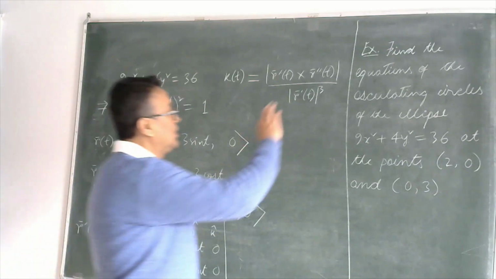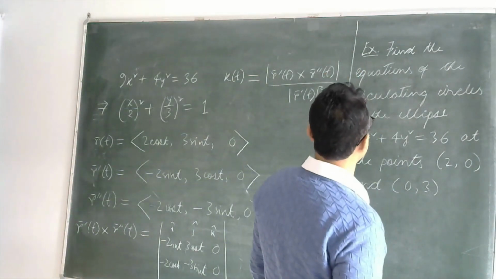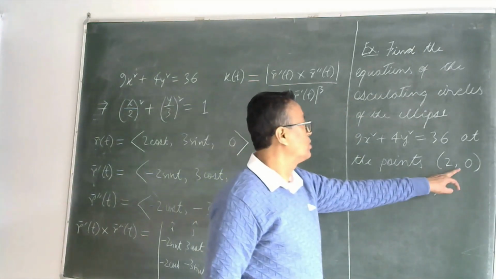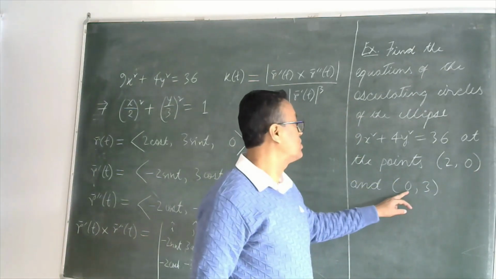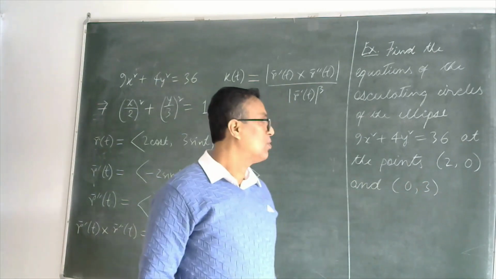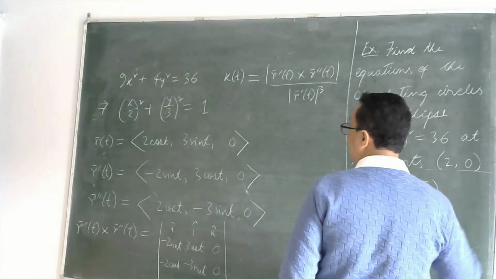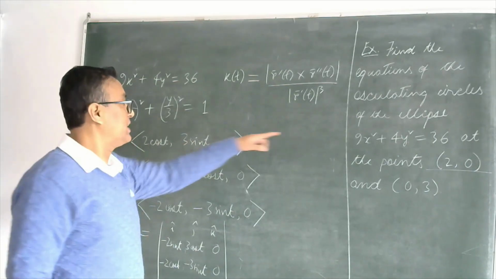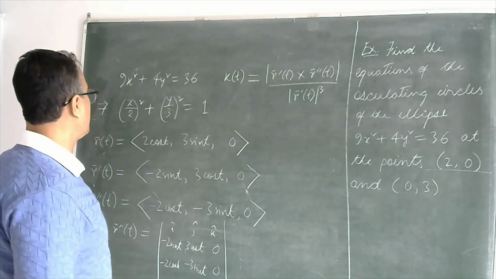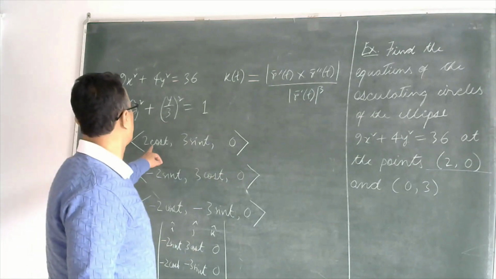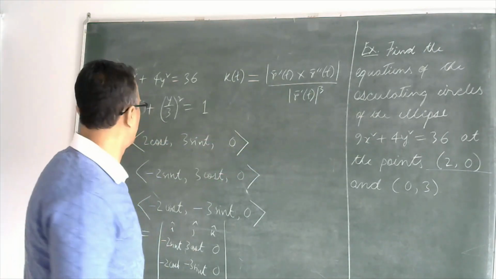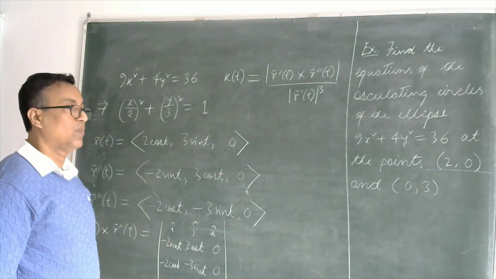Here we have been told to find the equations of the osculating circles at the points (2, 0) and (0, 3). If you look carefully and plug in 2 cos t equal to 2 and 3 sin t equal to 0, you get cos t equal to 1.